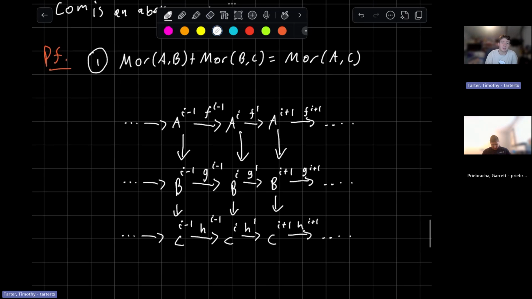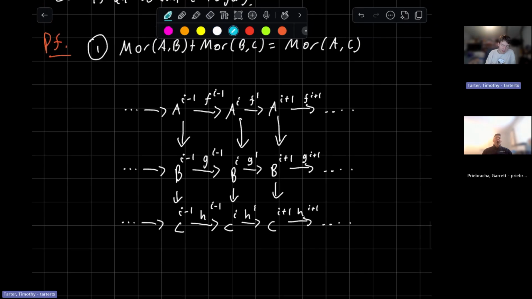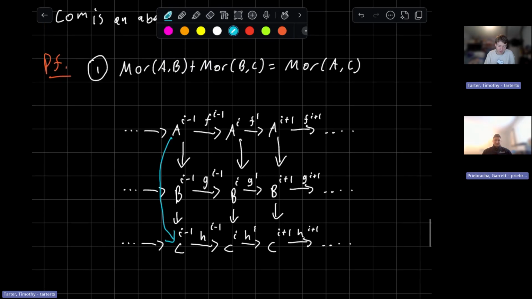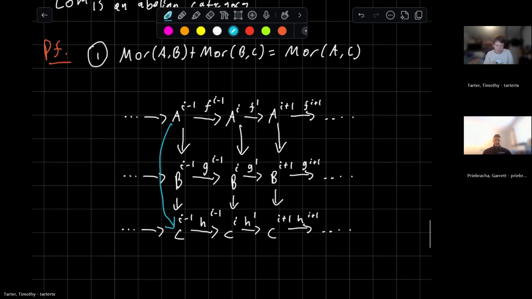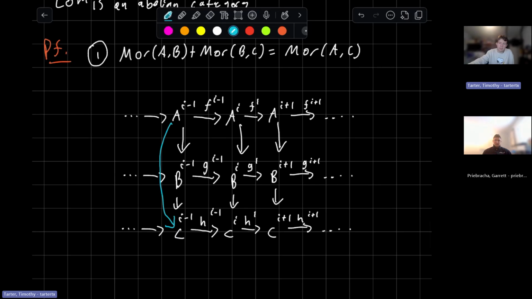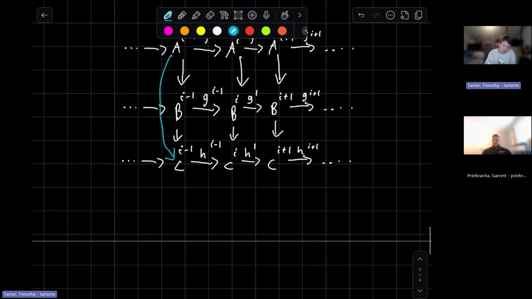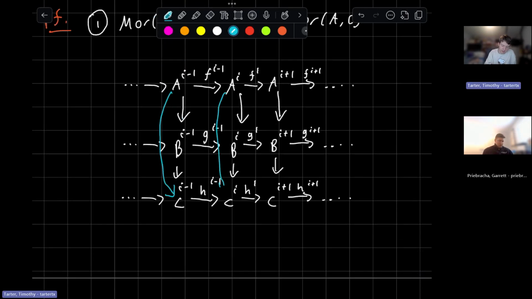Then we also want to show that it's an abelian group, but that actually kind of works itself out. This statement is clear because we can pretty clearly define this as the composition of the two maps down. I think that this just kind of holds, and since that holds for everything, then we're fine.